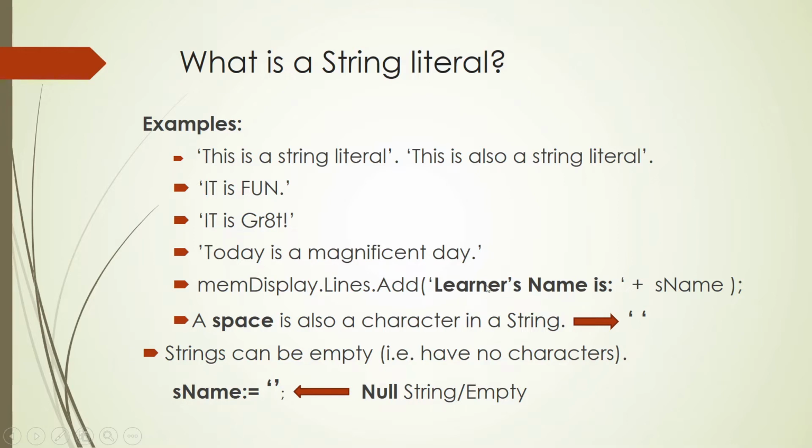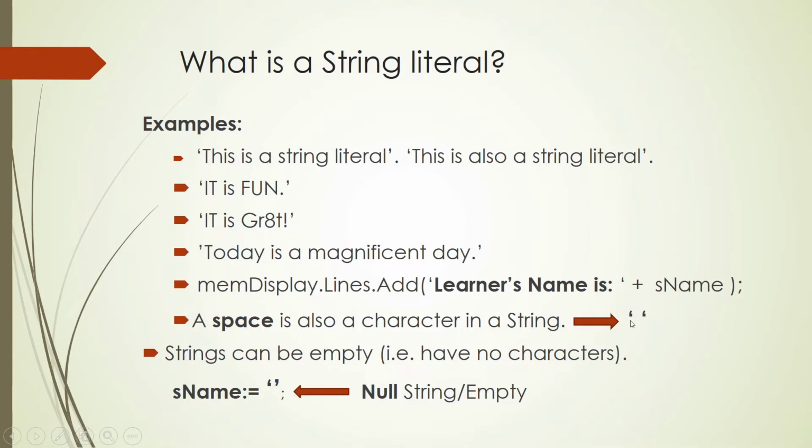'Learner's name is' is my string literal, written in single quotes. Name is not a string literal, it is a variable. A variable that is joined to a string literal using string concatenation, and we use the plus operator to join a string literal to a variable.